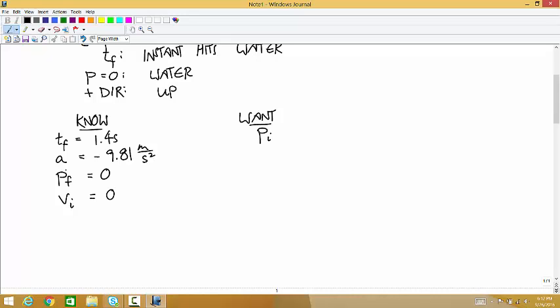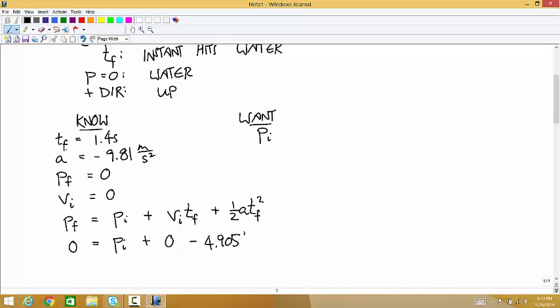And the equation that works with all of this stuff is PF is equal to PI plus VI TF plus 1/2 A TF squared. So 0 is equal to PI plus, since VI is 0, this term is 0, 1/2 times negative 9.81 is negative 4.905 meters per second squared, times TF, which is 1.4 seconds, squared.